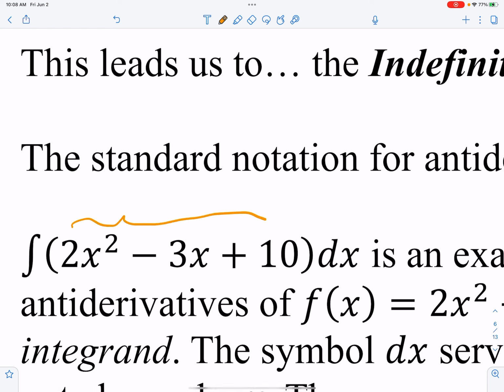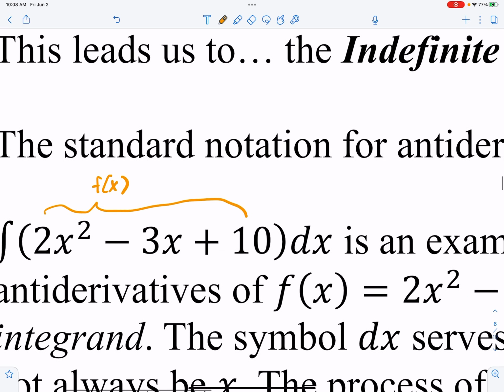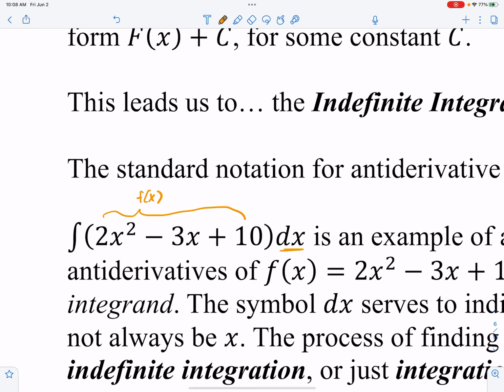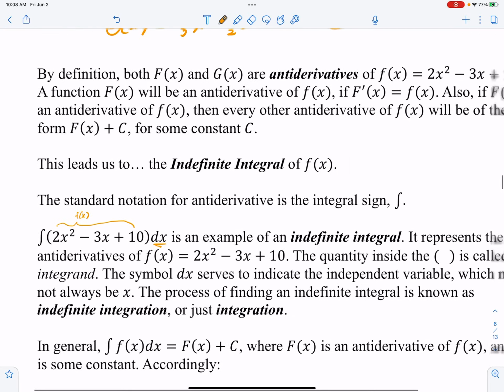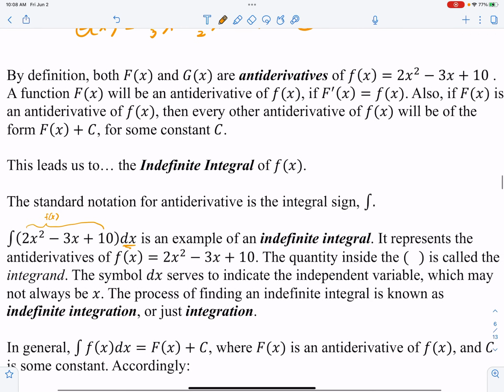This was the rule for lowercase f of x. And notice we have this dx here, is an example of an indefinite integral. It represents the antiderivatives of lowercase f of x.